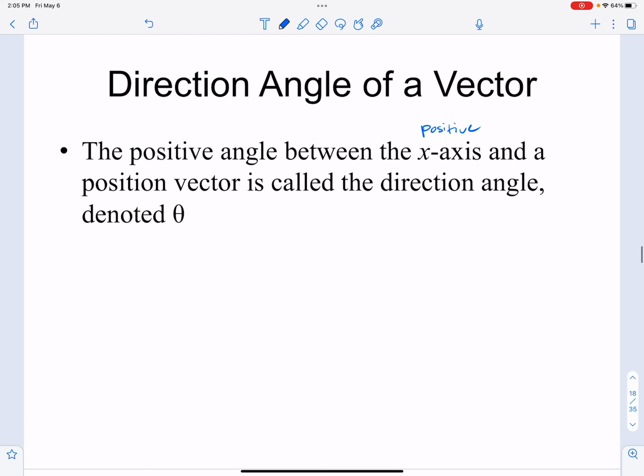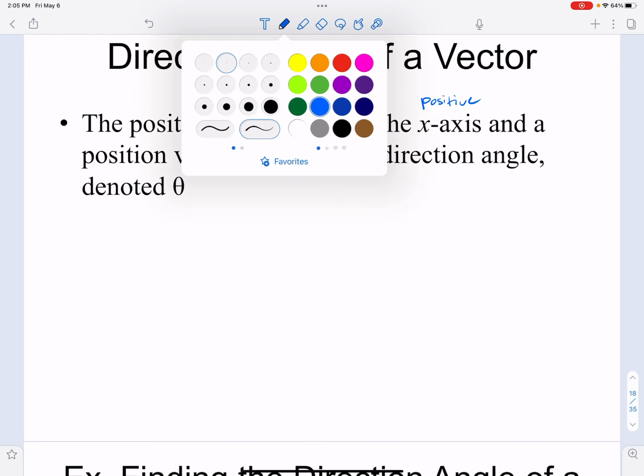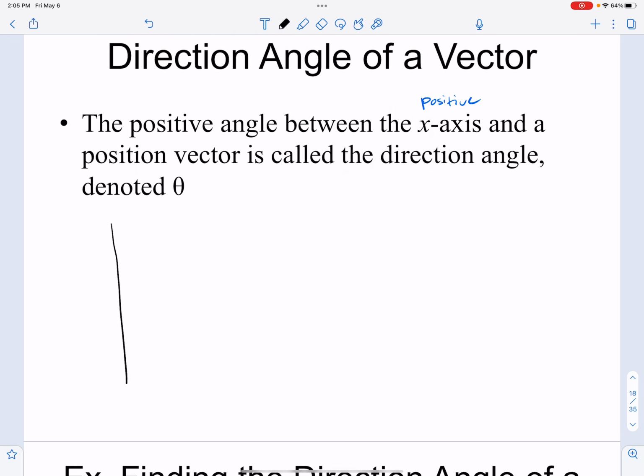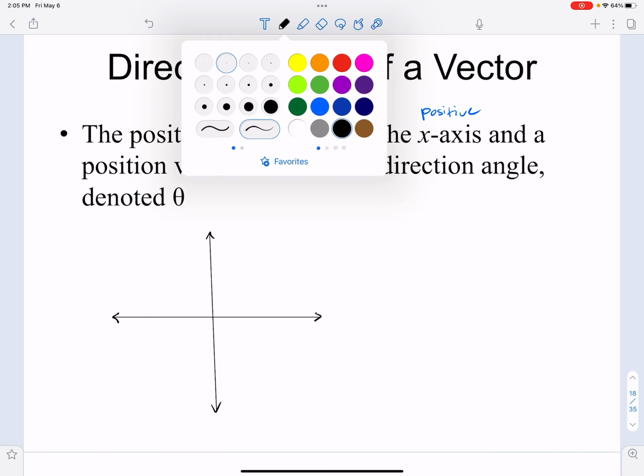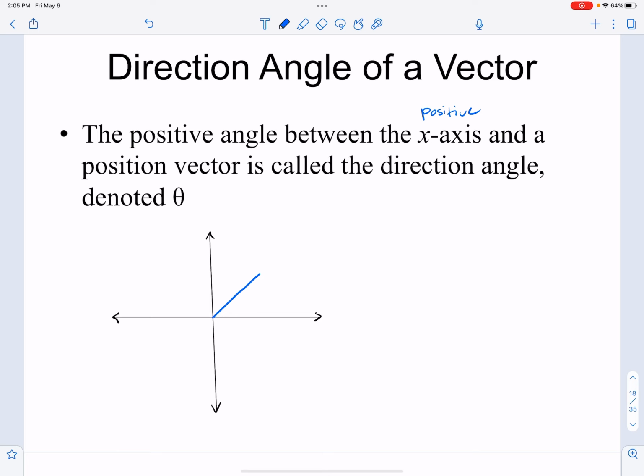So if we think about having a vector in standard position, to make this first example simple, I'm going to think about it being just a vector in quadrant 1.